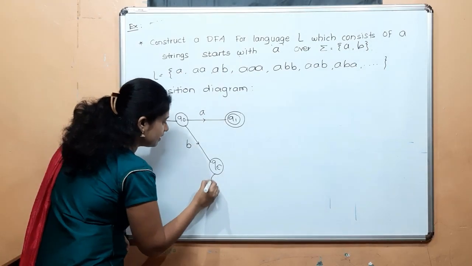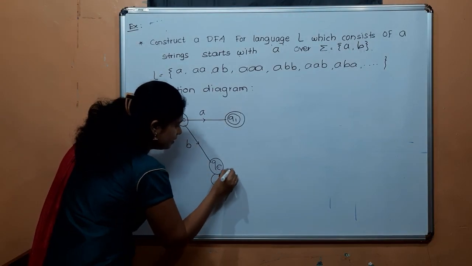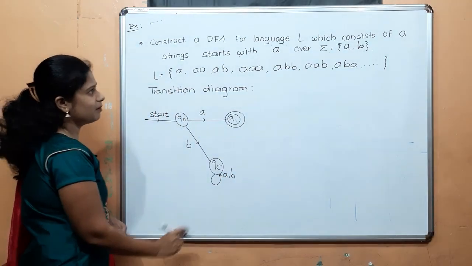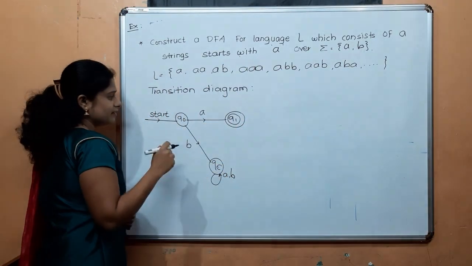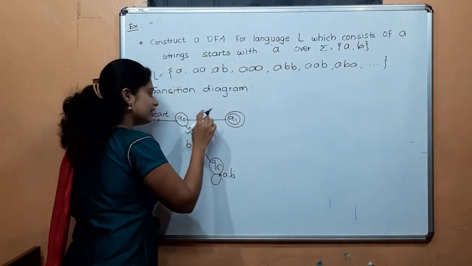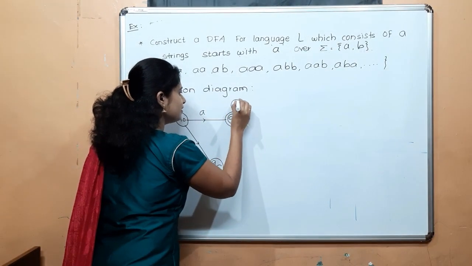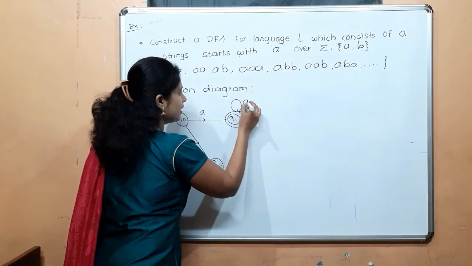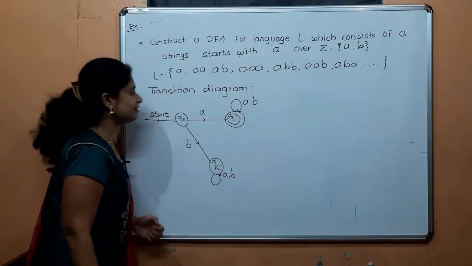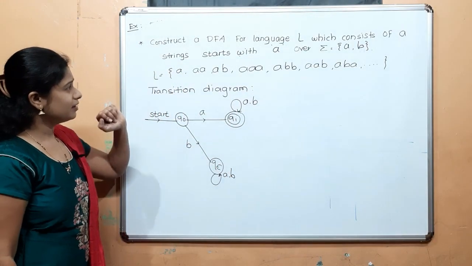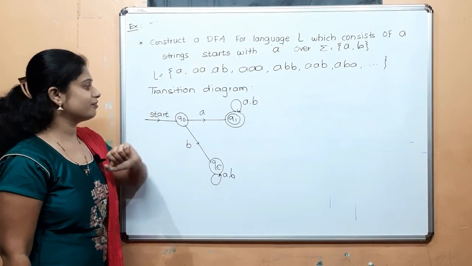So here we can write the B, and here we can give the self loop of the given alphabet A, B. Then see here, if the string starts with A, then it will end with either A or B. That is the transition diagram of the given condition that the string starts with A.